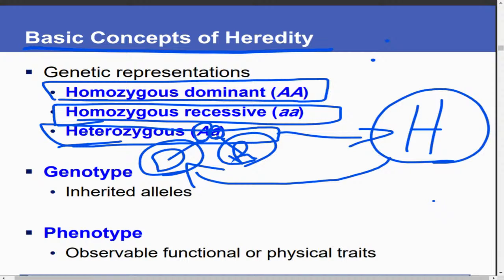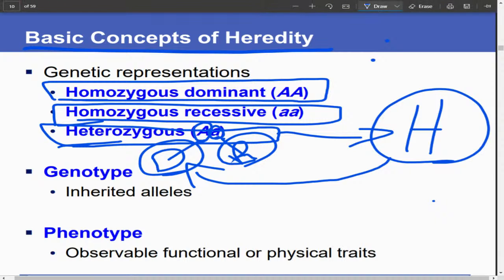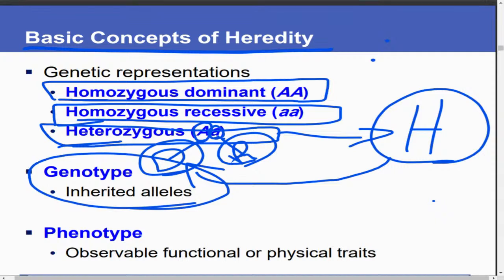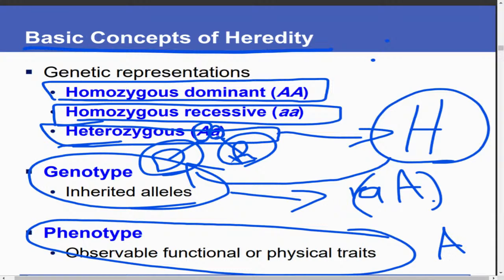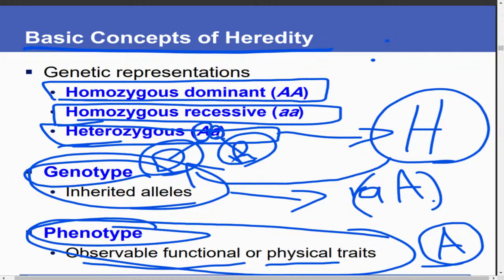So there is a difference between genotype and phenotype, as the genotype contains many recessive alleles, this is small a, could be here, and the phenotype is only showing the dominant physical traits, functional and observable. That's why it's a phenotype, not a genotype.